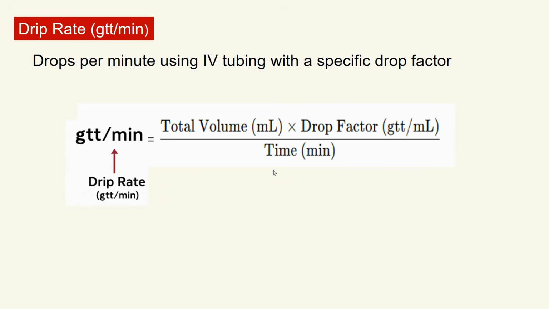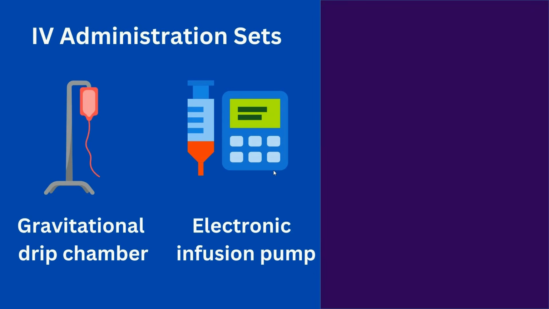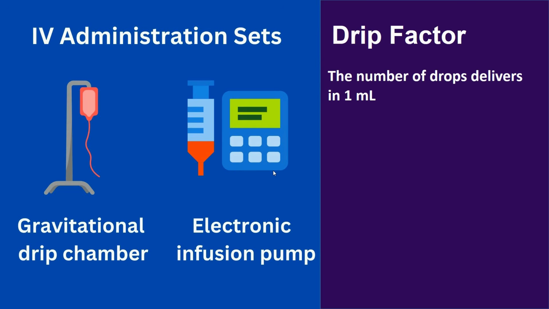So let's look at an example calculation. Before that, let me go over details on drop factors, or drip factors. The drop factor is the number of drops delivered in 1 ml. So 1 ml contains how many drops? By default, for water, it is 20 drops per ml.